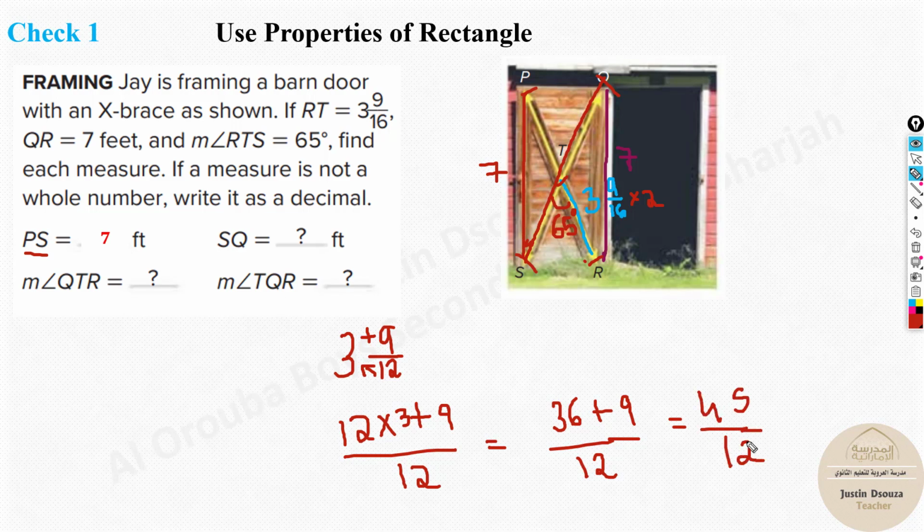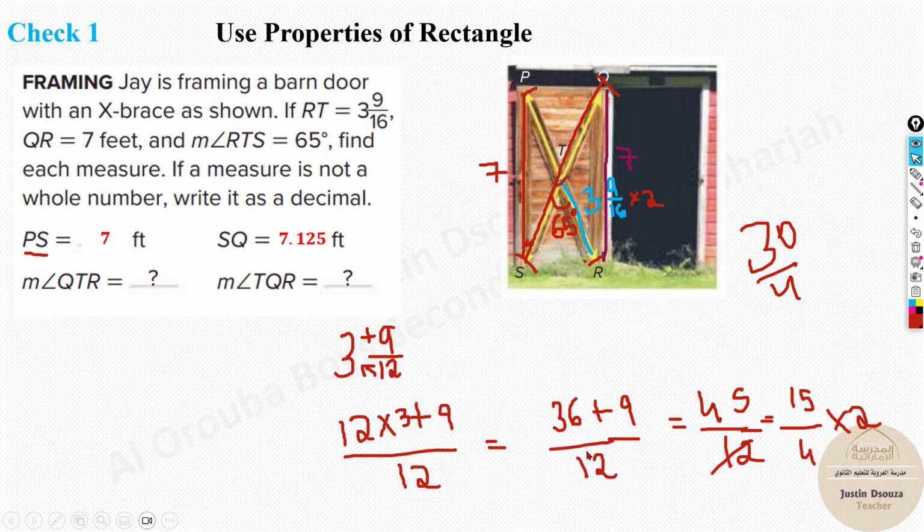Don't go to solve this, we can simplify it. 3 times 4 is 12, and 3 times 15 is 45. So 15 by 4 would be the answer. And now multiplied by 2, the answer would be 30 by 4.